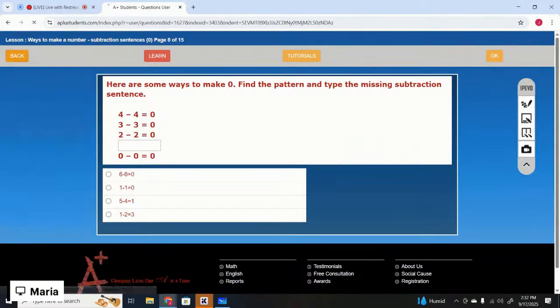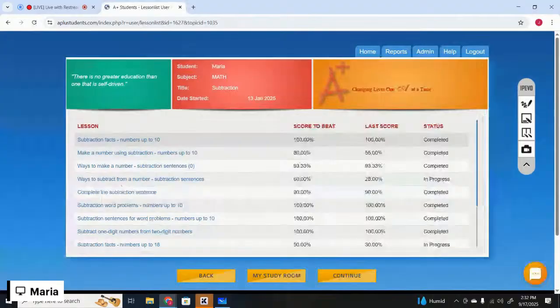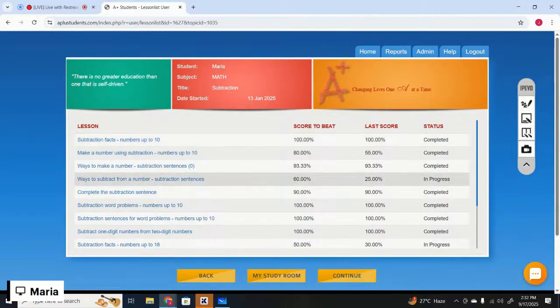Let me just move on to ways to subtract from a number, subtraction sentences.